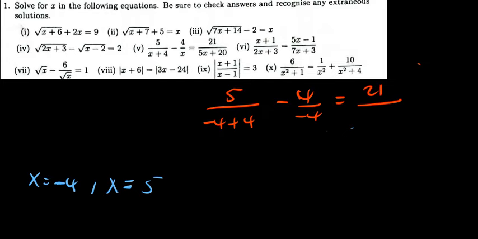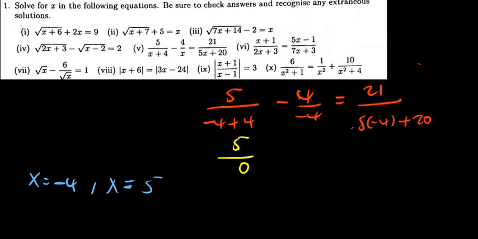The moment I plug in, where there is x, I put negative 4 plus 4 minus 4 over negative 4, is equal to 21 over 5 times negative 4 then plus 20. One thing you are going to notice here is that here we are going to have 5 over 0. As long as on the denominator there is 0, that is undefined. So this part is not going to affect it.